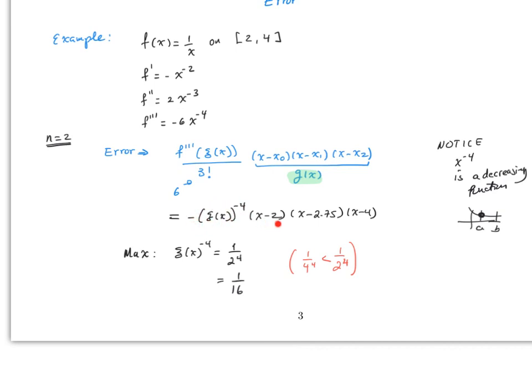We still need to worry about this part to make this the maximum error you can make. Alright, so recall from the last page that we just called g of x equal to x minus 2 times x minus 2.75 times x minus 4.